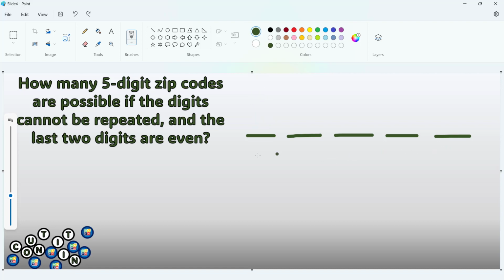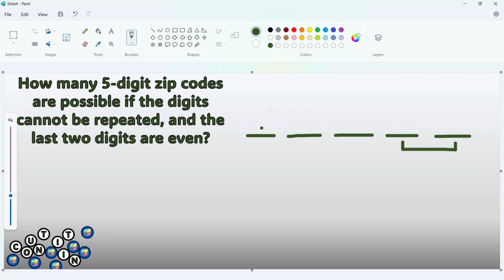To start, let's take these last 2 digits. Why do we start with these 2? It's because it's very clear that for the last 2 digits, we will be using even numbers, and if we use them, they can no longer repeat for the first 3 digits.